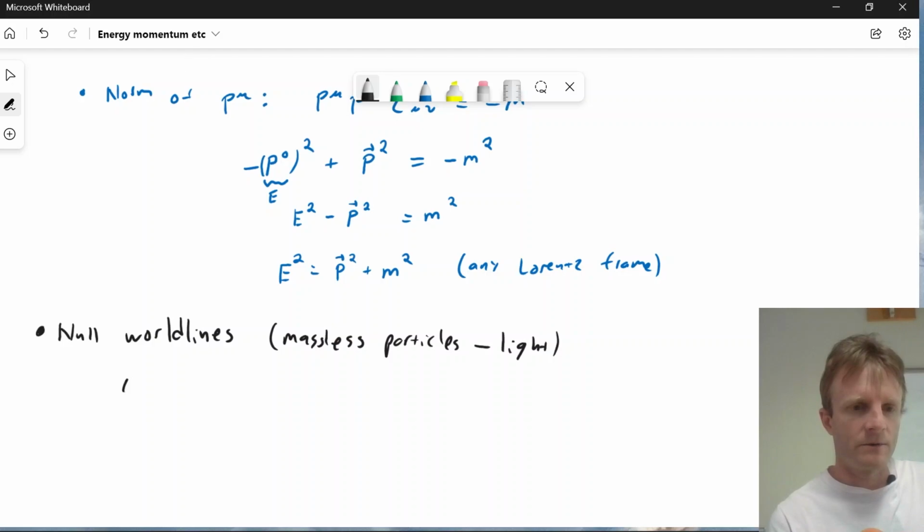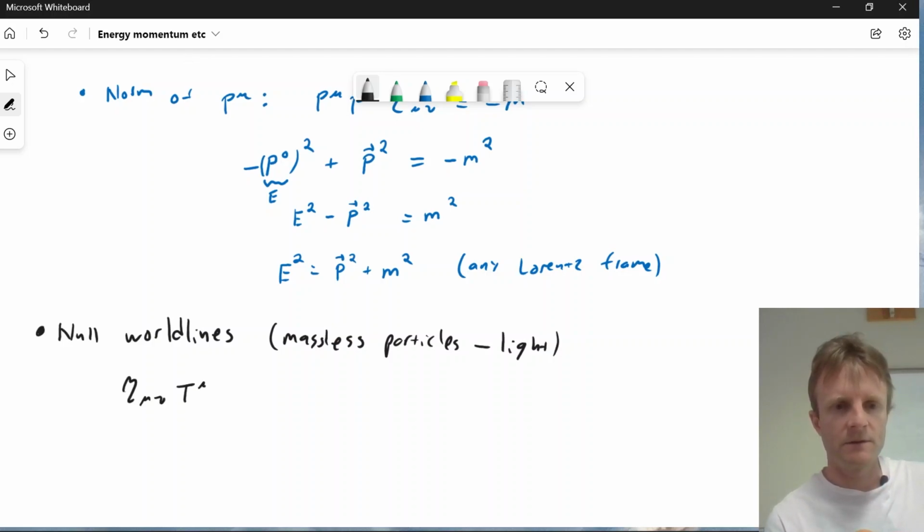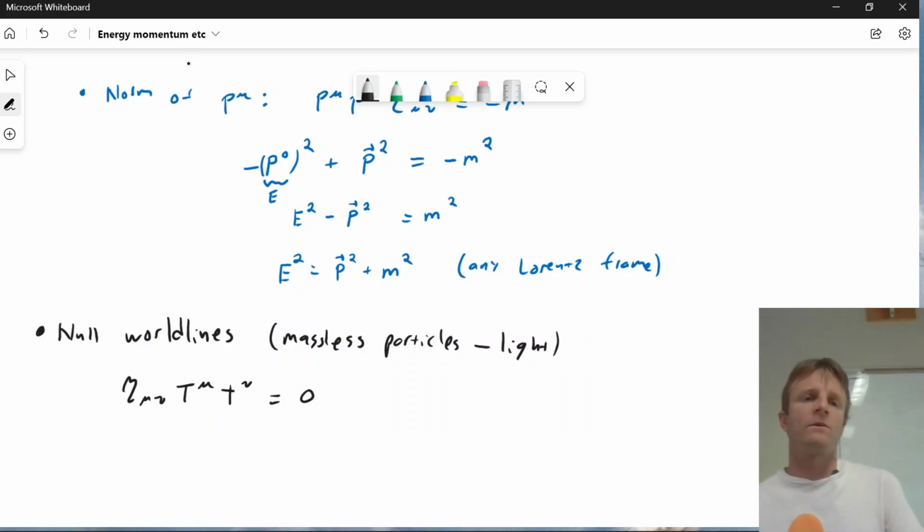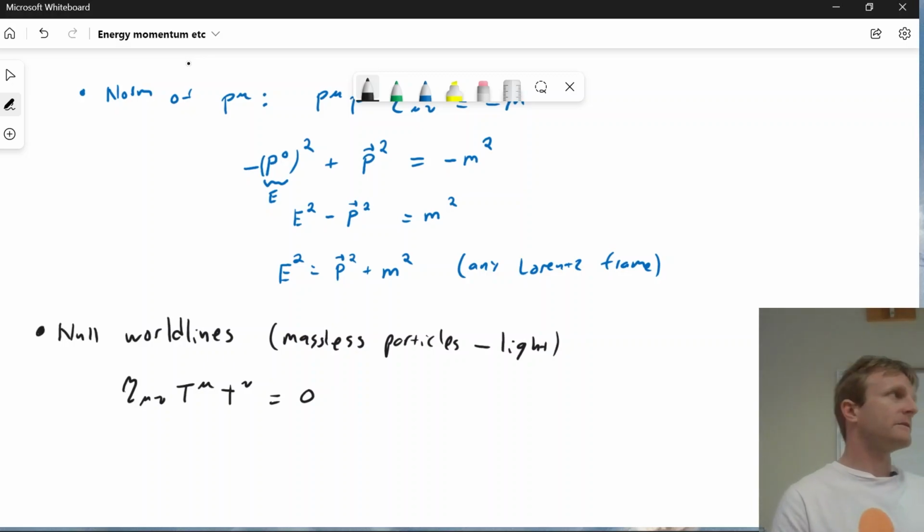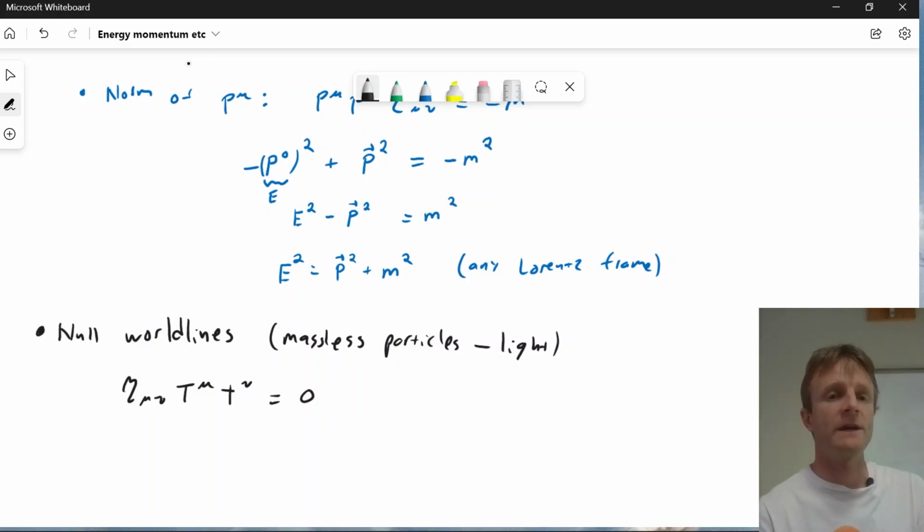So now, remember, eta mu nu t mu t nu is 0. So there's no preferred normalization, right? When eta mu nu t mu t nu was negative for a time-like particle, we could set it to -1. And that was really nice because it got us to representing the relativistic energy momentum relation in a nice way as a simple normalization condition and so on.